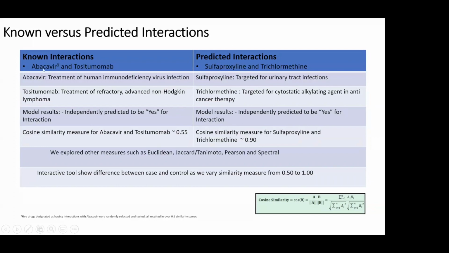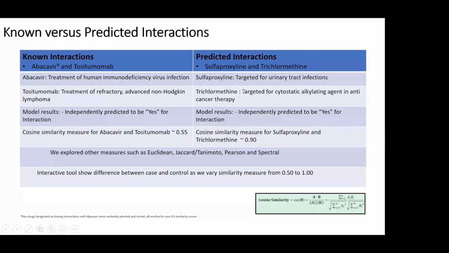If you look at abacavir and tocilizumab, abacavir is used for treatment of HIV, while tocilizumab is used for lymphoma. The model we used predicted both of them to have interaction, and the cosine similarity measure between the two of them is approximately 0.55.